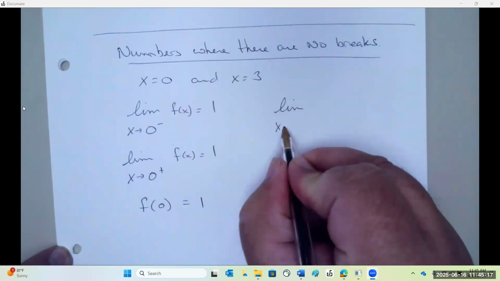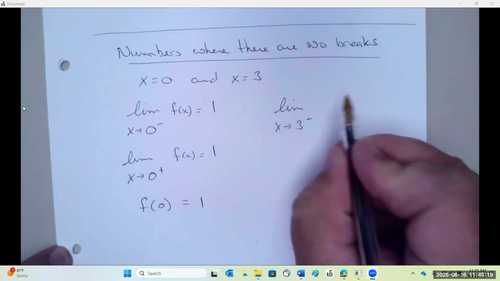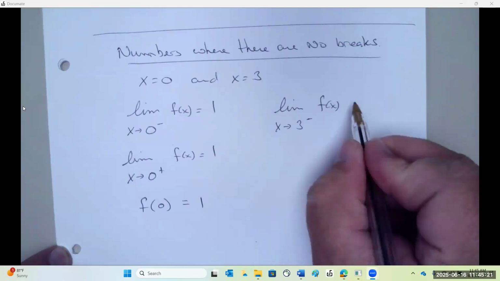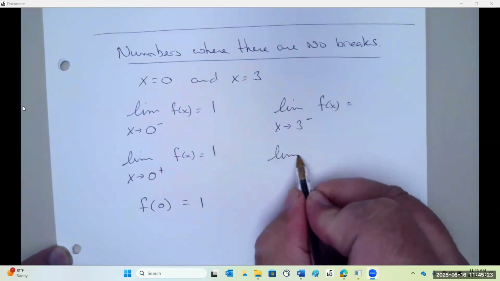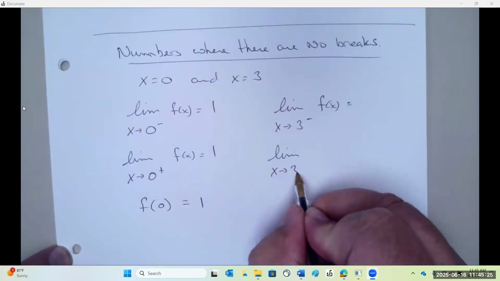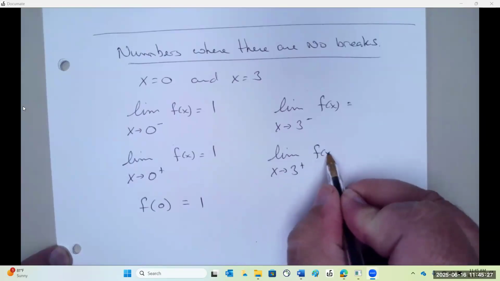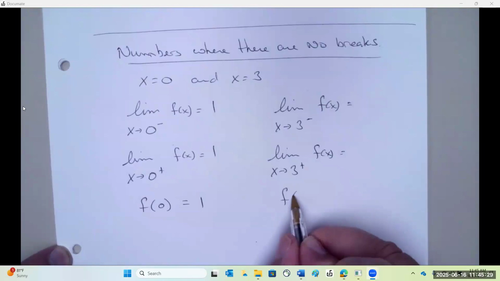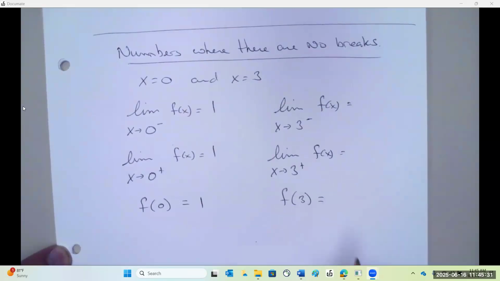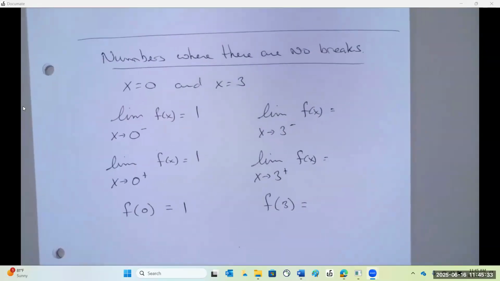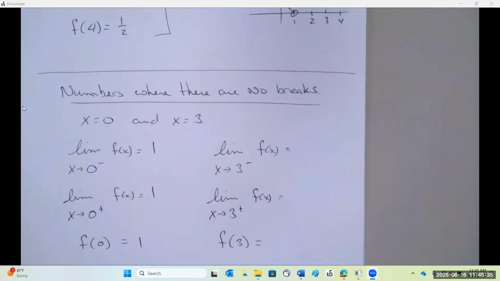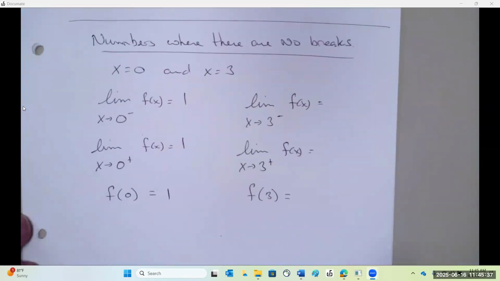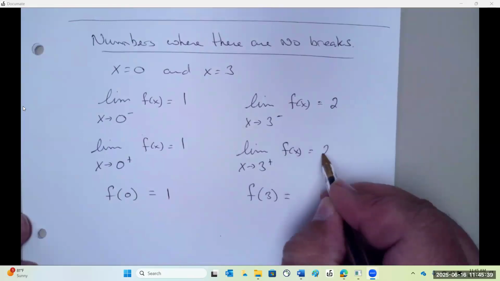The limit as x approaches 3 from the left, the limit as x approaches 3 from the right, and at 3, in our picture, they all equal 2.